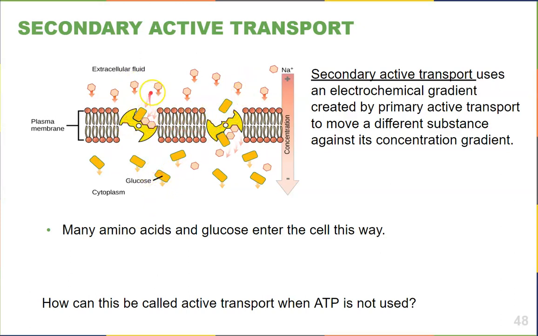So glucose hitches a ride with the sodium and enters the cell that way. So what type of carrier protein is this? It's going to be a what? A symporter, right? Because it's carrying 2 different molecules in the same direction. So both molecules have to be present in order for this to occur.